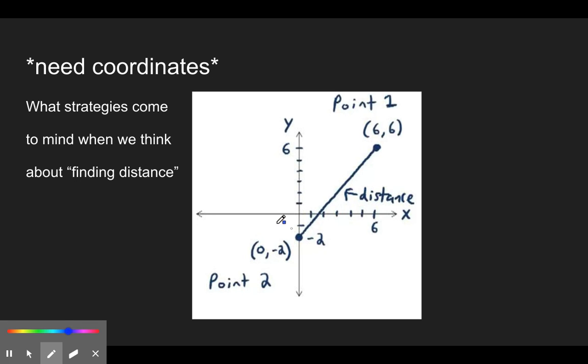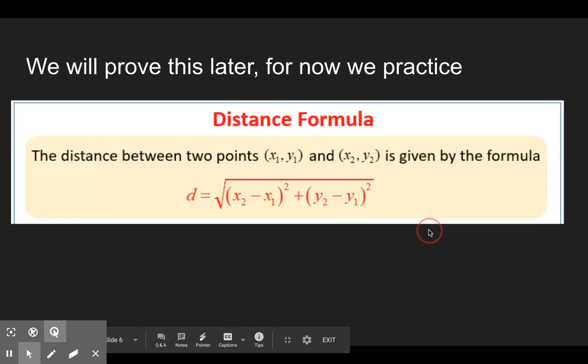We need to be careful because, and we'll get into this more when we get into triangles, going up 1 and over 1 does not have a horizontal distance of 1. This distance right here is not 1. So you can't count on a diagonal like that. You need to find some other strategy, some other method that will get us the distance between these points.